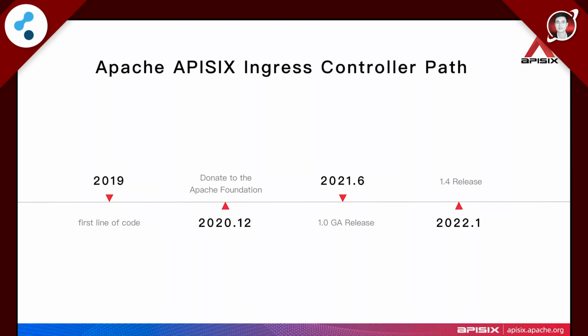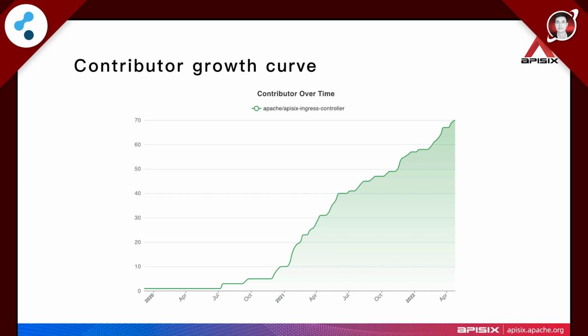Much has been learned along the way, and soon we will be releasing version 1.5 in mid-May. This is the contributor growth curve of the Apache APISIX Ingress controller, and its steady growth shows that the project has maintained a good level of activity.